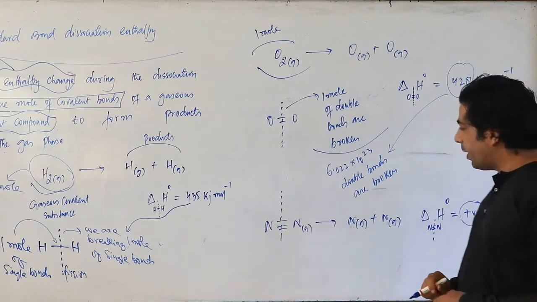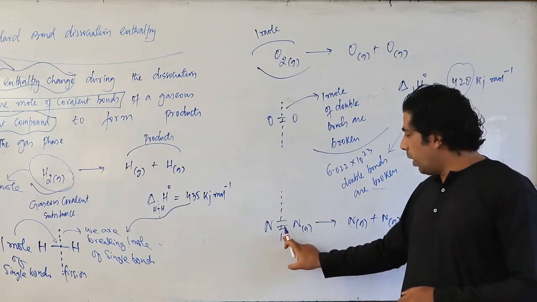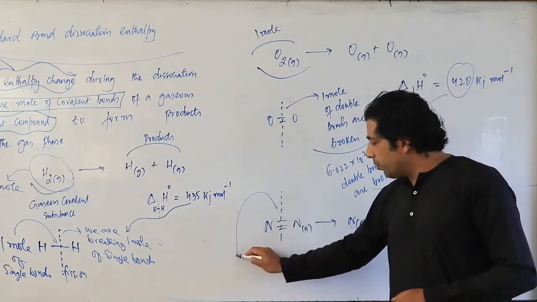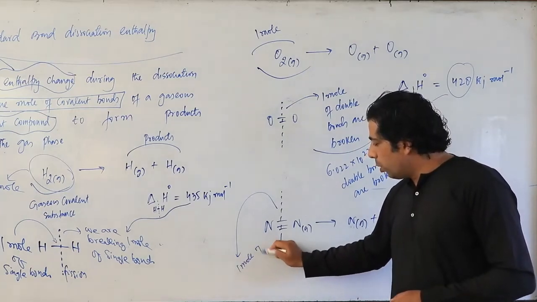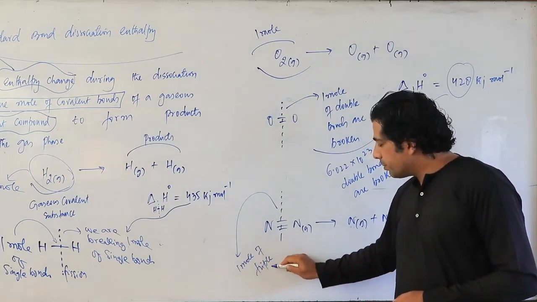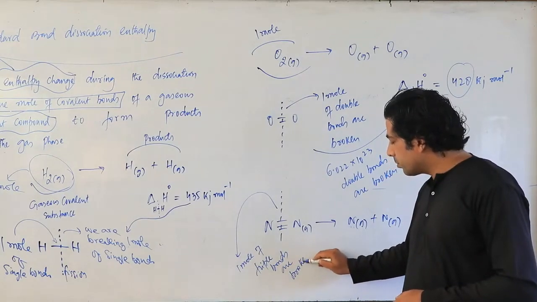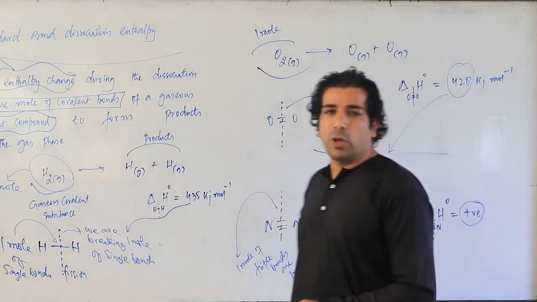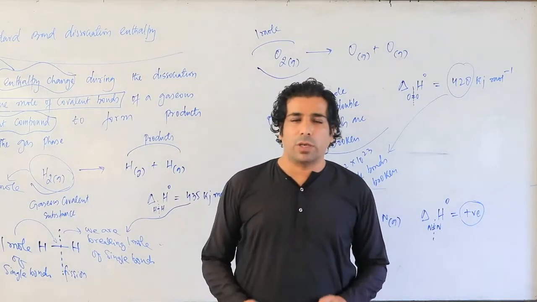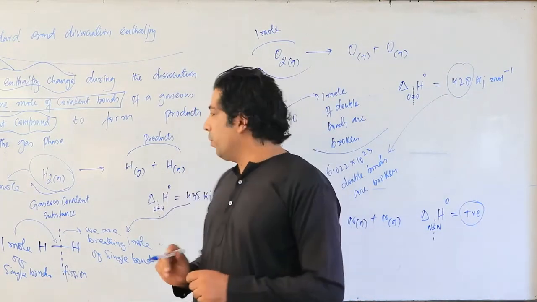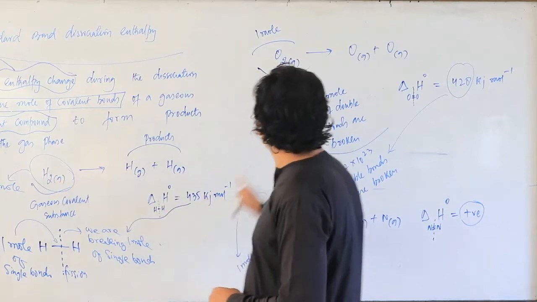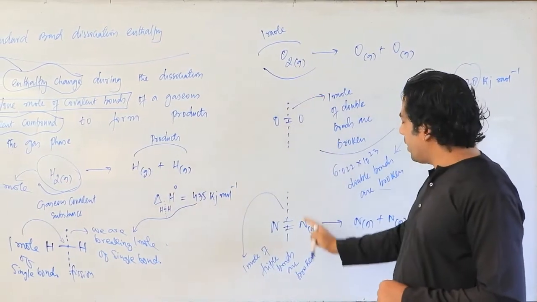That means energy is required for breaking 1 mole of triple bonds. Whether you break 1 mole of single, double, or triple bonds, you look at H2, then O2 and N2.